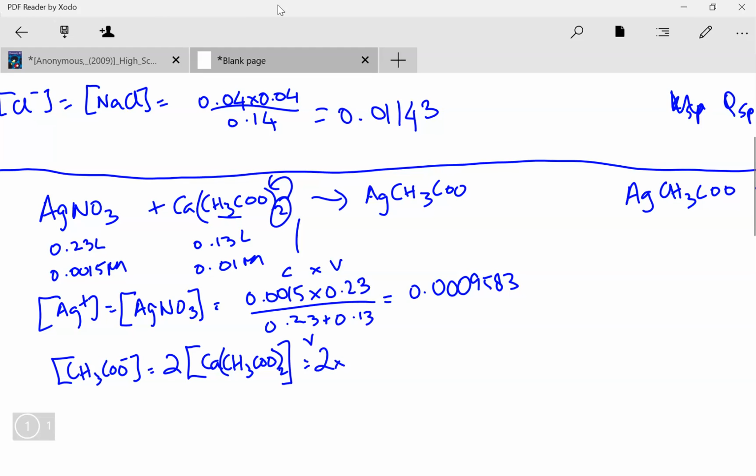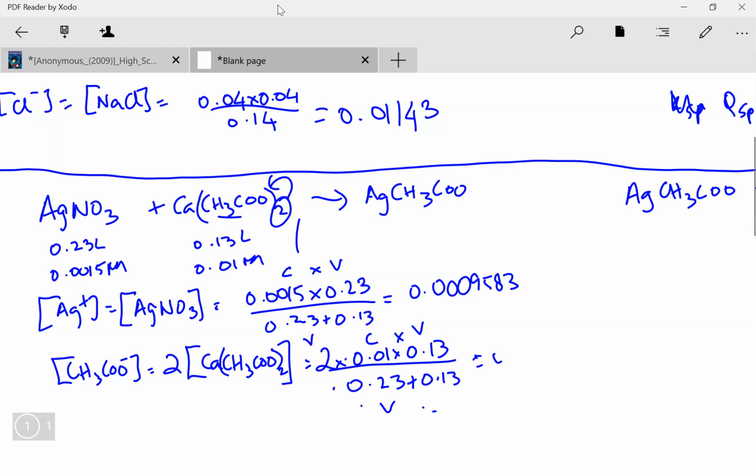So it's 2 times 0.01 times 0.13 divided by 0.23 plus 0.13. This part remains the same. I'm still doing concentration times volume divided by total volume to give me a new concentration. 2 times 0.01 times 0.13 divided by 0.23.